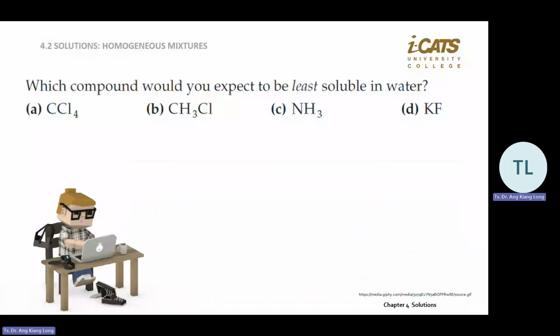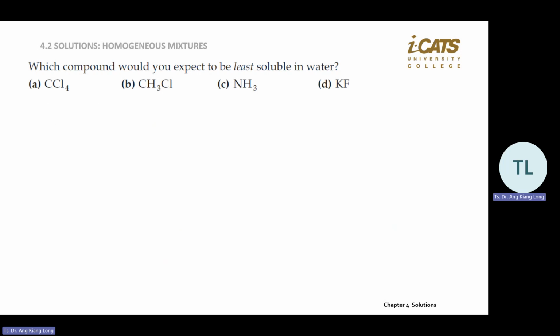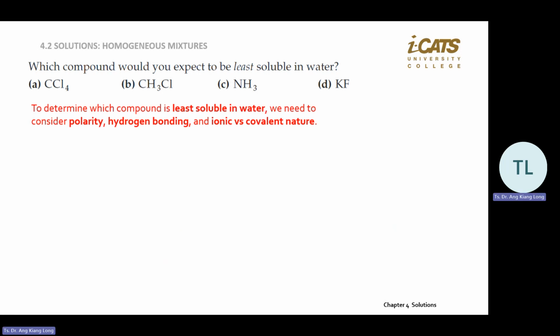Just a quick quiz. Which compound would you expect to be least soluble in water? This one you need to guess based on your chemistry knowledge. First you need to decide whether they are polar or non-polar. There are 4 types of intermolecular forces.